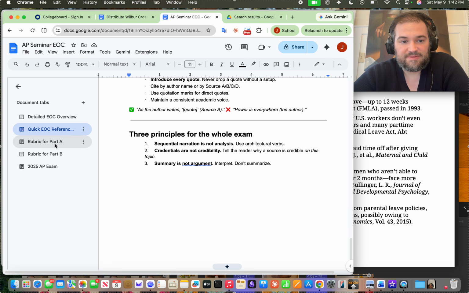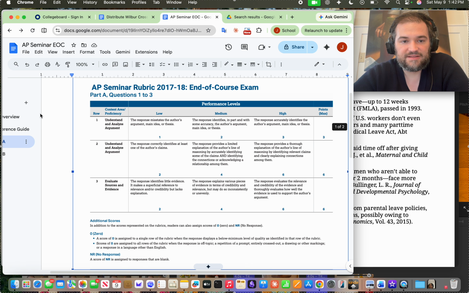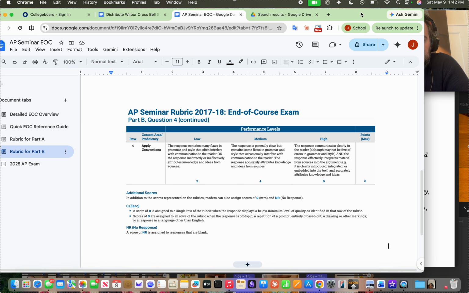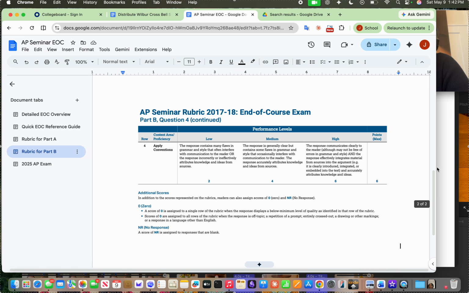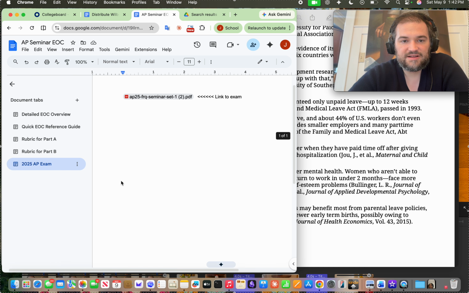This is the rubric for part A, and this is the rubric for part B. And then finally, this is the link over here to the AP exam that I'm going to be referring to, which is last year's test.